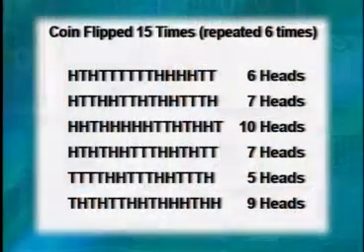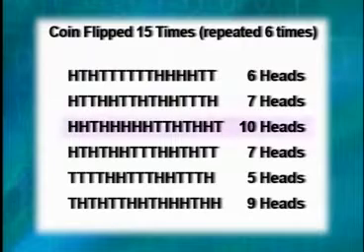But there would be some fraction that would have 10 heads or 15 heads, like this one has 10.